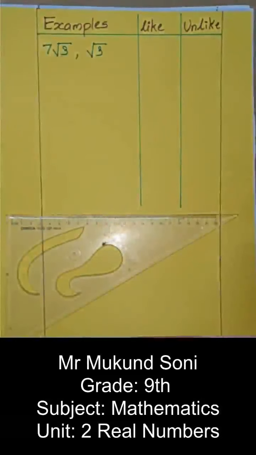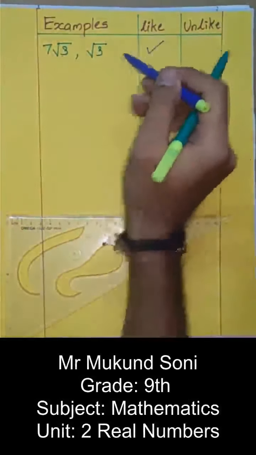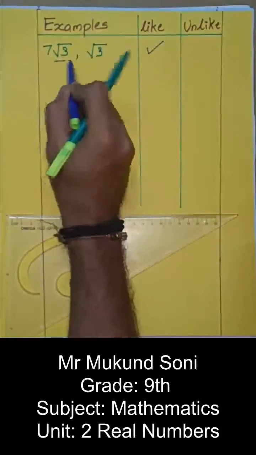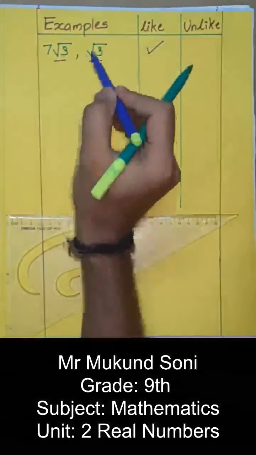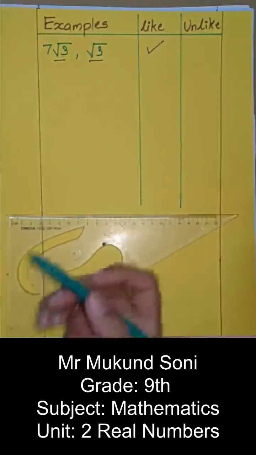I hope you have made your choice, and it is like surds. The reason is very simple. These surds are equal by their order and also by their radicand.